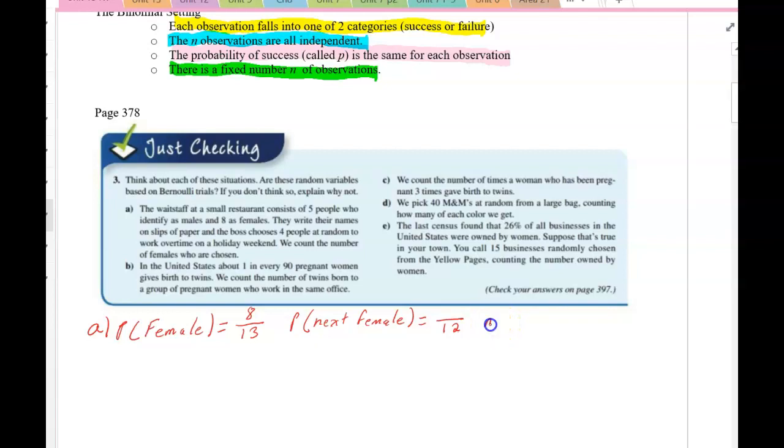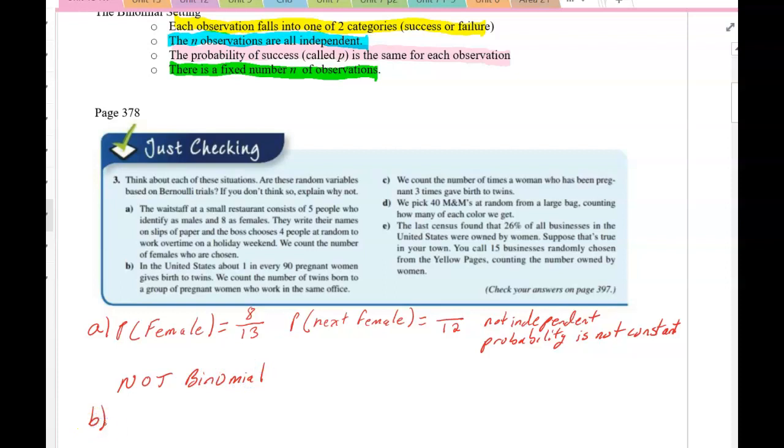So these events are not independent, and the probability is not constant. Therefore, part A is not binomial.